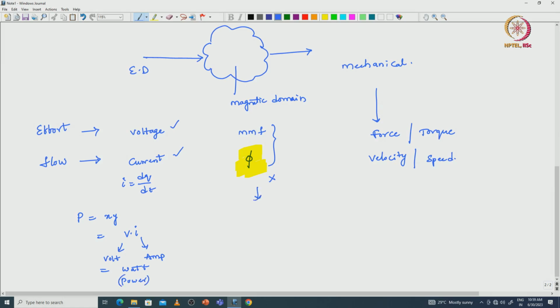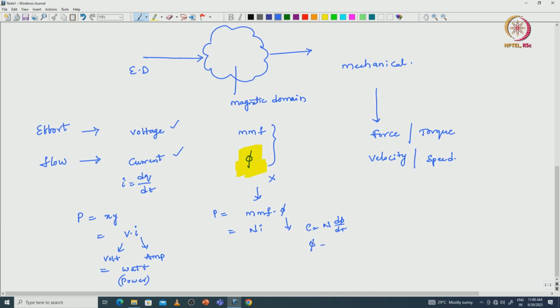In magnetic domain, power is equal to mmf into flux as per the conventional representation in majority of the literatures. mmf is nothing but N into I, and flux we have to derive from the Faraday's law, E equals N d phi by dt.